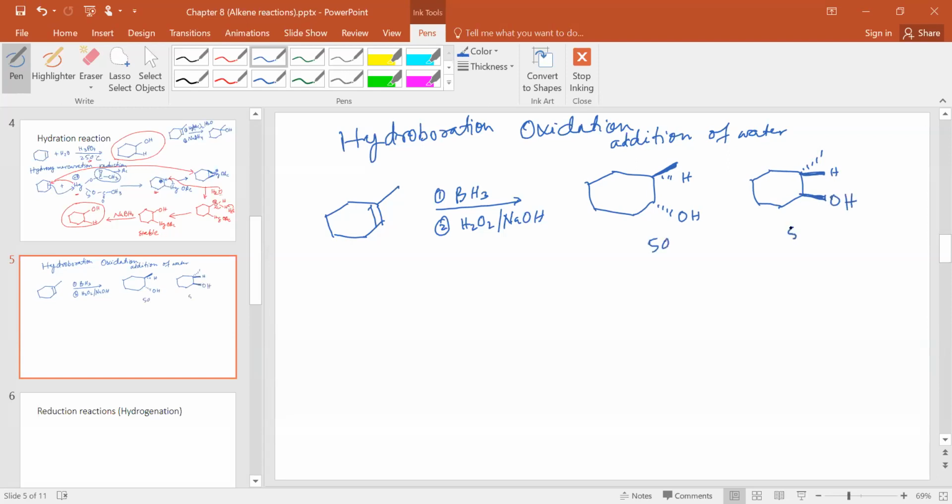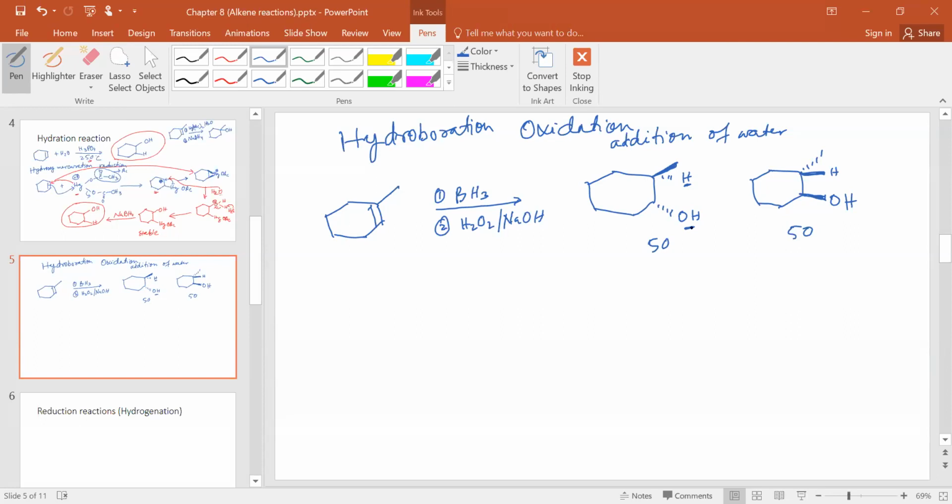So they are racemic mixtures. What is the important thing? Hydrogen will go to the more substituted side, and OH will go to the less substituted side. And this reaction as a major product is sterically controlled.